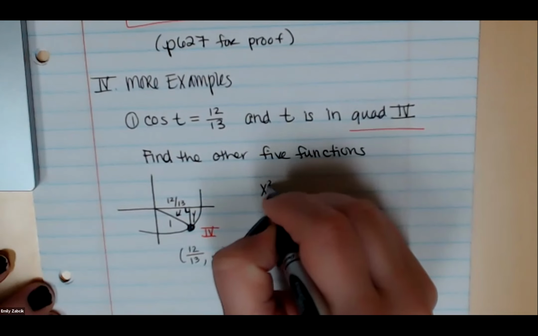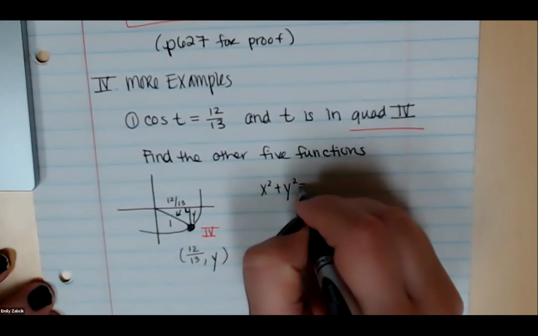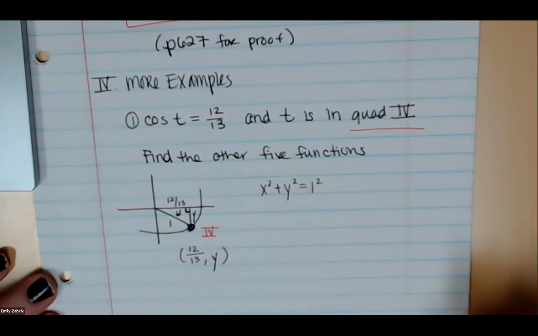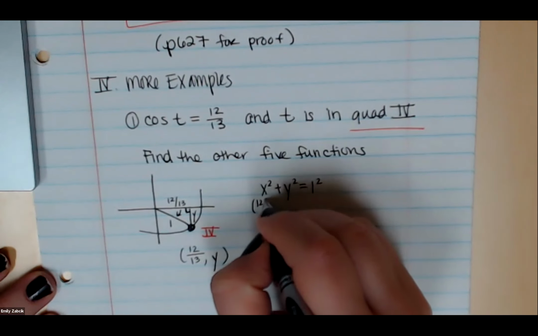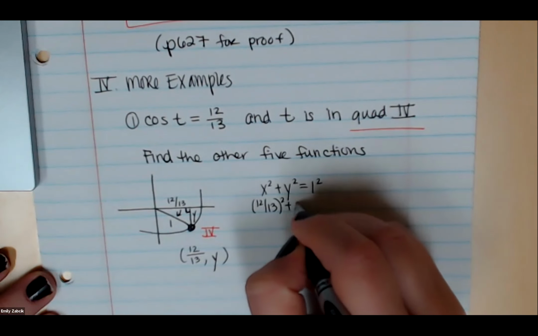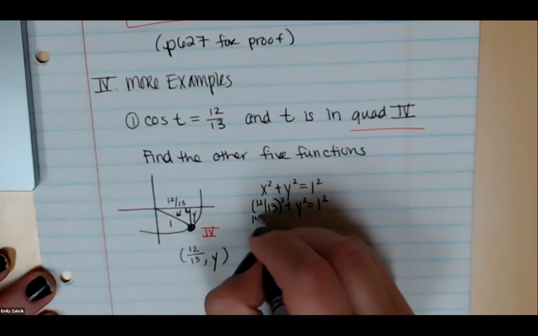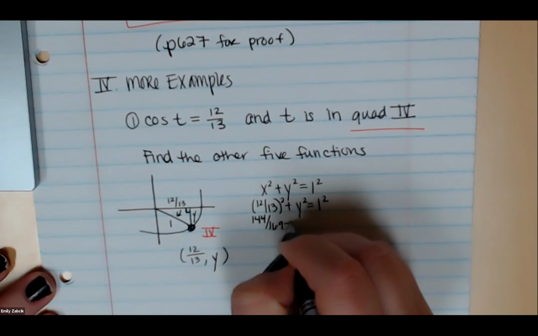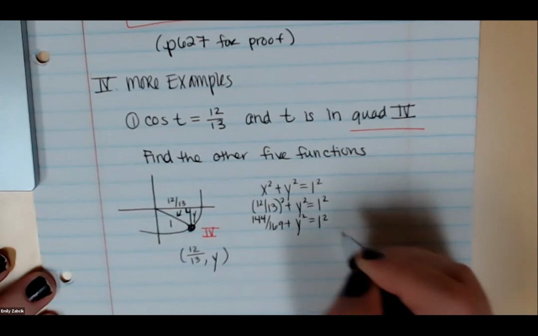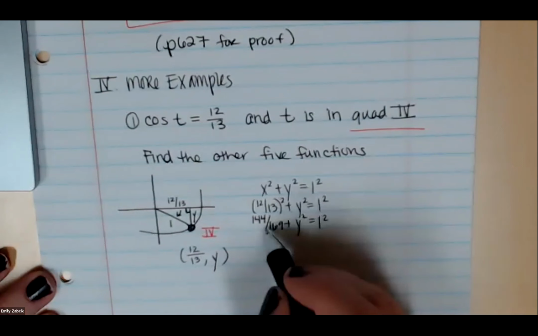So I'm going to say x squared plus y squared is equal to 1 squared, because we're on the unit circle. My x squared is 12 over 13 squared, plus y squared equals 1 squared. 12 over 13 squared is 144 over 169. Solve for y, so I'm going to subtract this over.